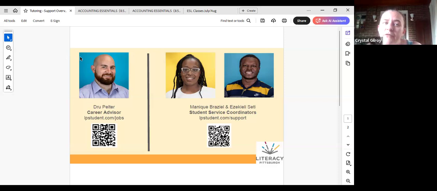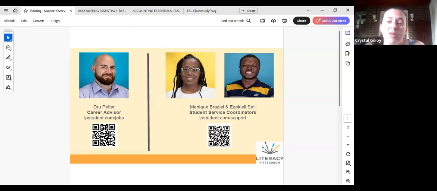If you have anybody you are tutoring who comes to you and says, oh, I've been looking for a new job lately, we do have a career advising department. We have people who can help with that. We have Drew here, and there's a QR code to scan. This is also a PDF that I can send out. We also have student services coordinators.